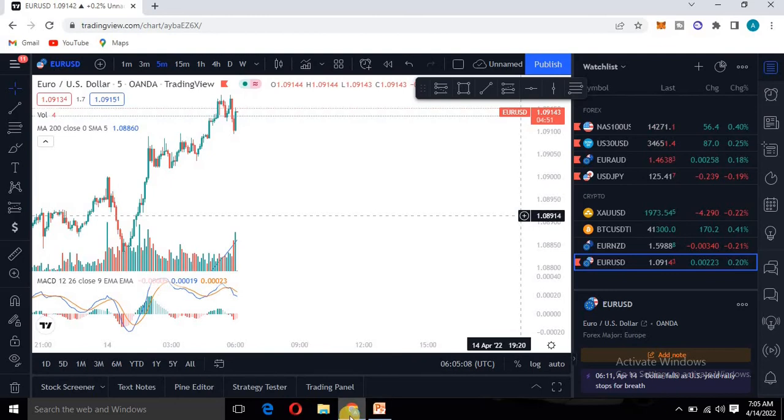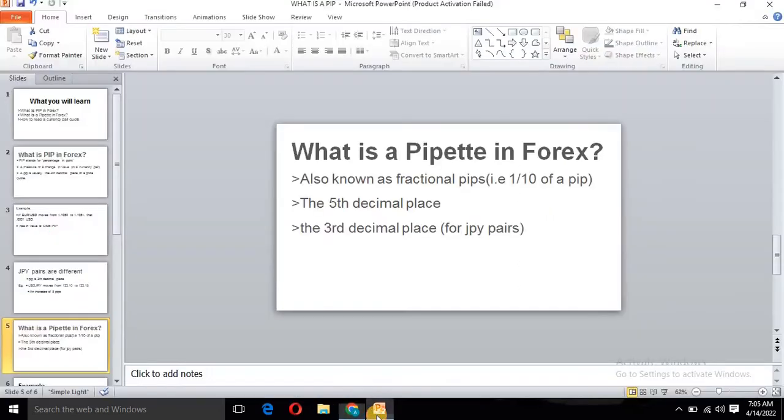That's the best way for you to understand it, right? Just as I said, for JPY the third decimal place is what we call pipette, while for Euro USD the fifth decimal place is what we call pipette. I hope you understand, right? So let's continue.